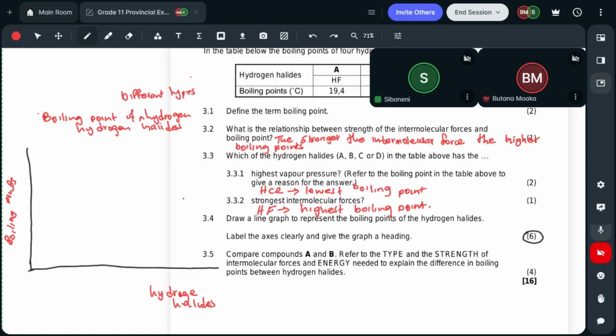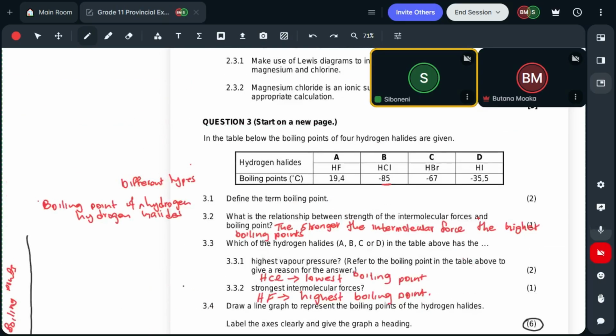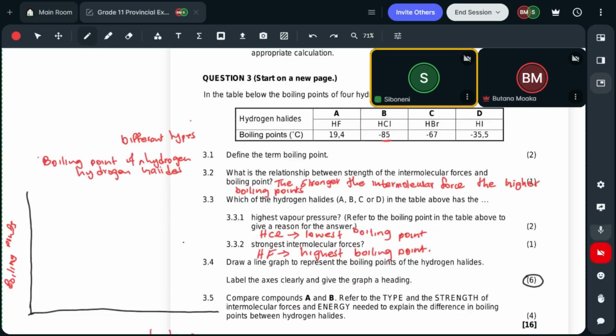Then let's quickly look at these boiling points, how they move. 19.4, maybe 20, and minus 85, maybe 80 or 90, 67, maybe 70. I'm trying to get the right scale. And I think the right scale will be 20, 40, 60, 80, and 90, but we have negatives. So this is going to be very tricky.